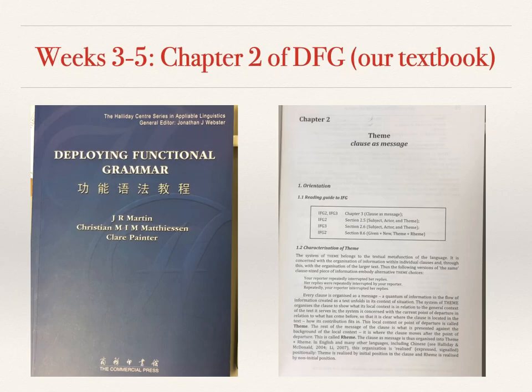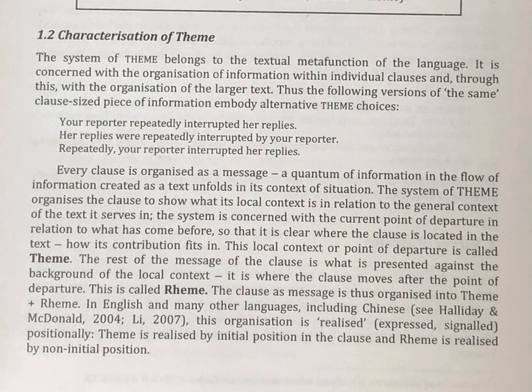In terms of our textbook, Deploying Functional Grammar, DFG, the reading is chapter 2. You have the usual organization. Pay attention to, as you move into this chapter, the characterization of theme. And like the other core chapters in the book, you could say this is actually a macro theme about the whole chapter. So it starts out saying the system of theme belongs to the textual metafunction of the language.